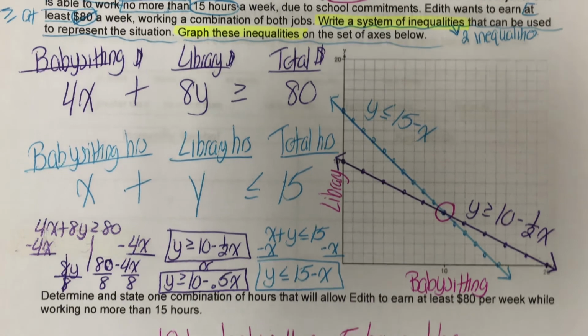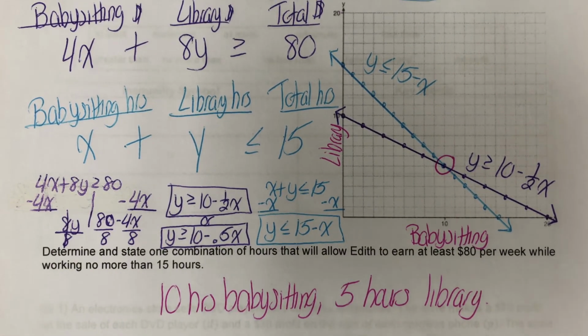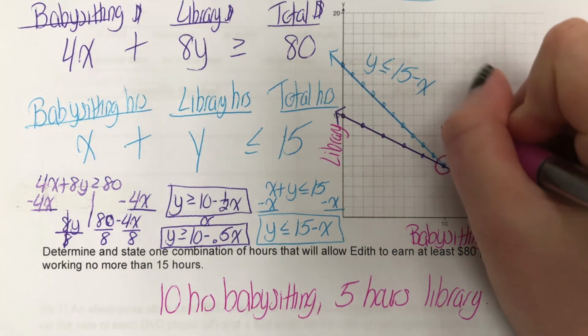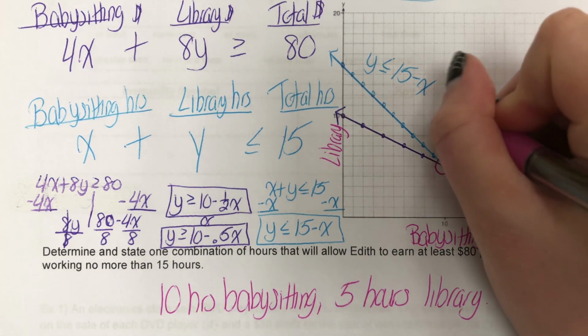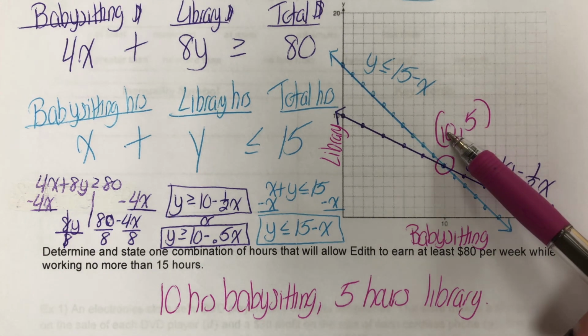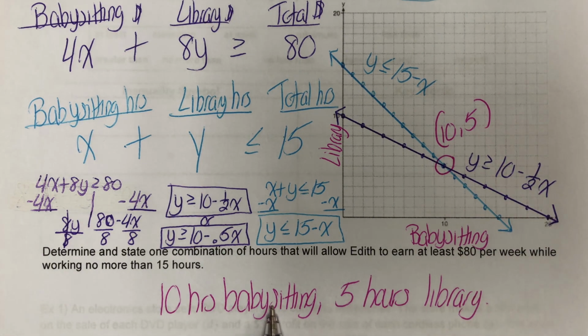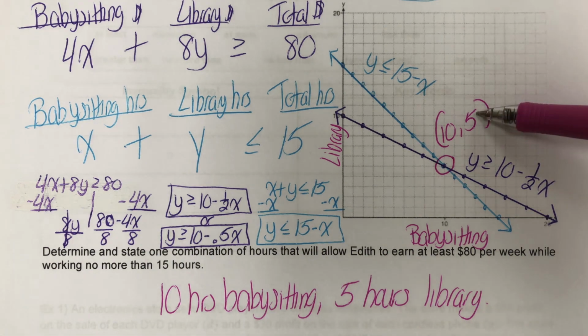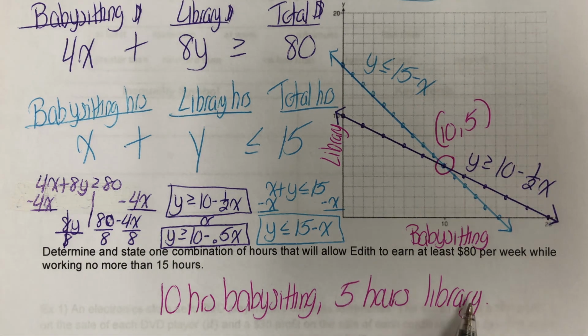When I answered the question, I knew that this coordinate point is really 10, 5. Let me add that to my graph here: the x was 10, the y was 5. That x value represents 10 hours babysitting, and my y value of 5 represents 5 hours at the library.